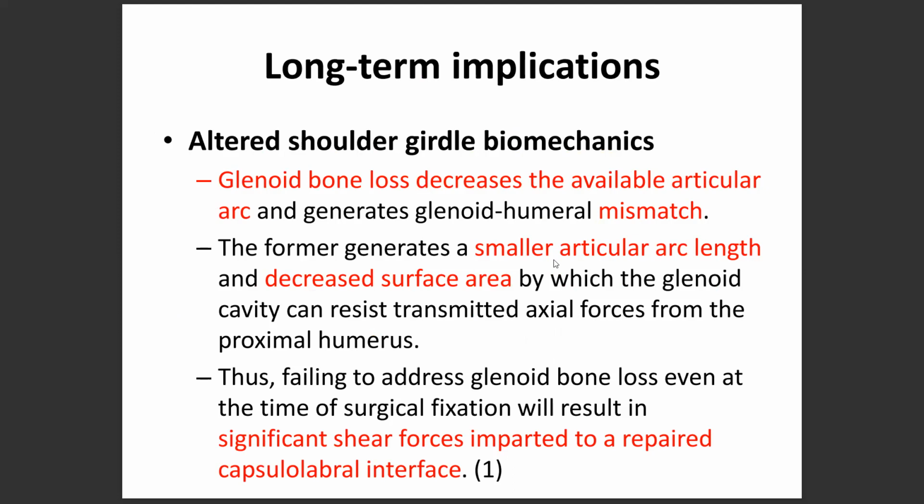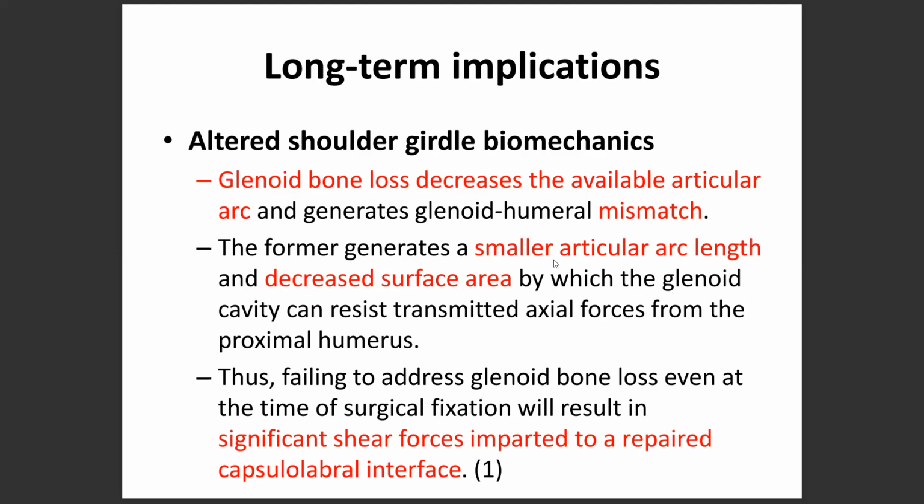Among them, glenoid bone loss decreases the available articular arc and generates glenohumeral mismatch. This glenohumeral mismatch is the first abnormal change in the biomechanics after the multidirectional instability.